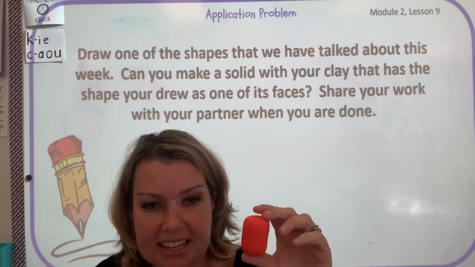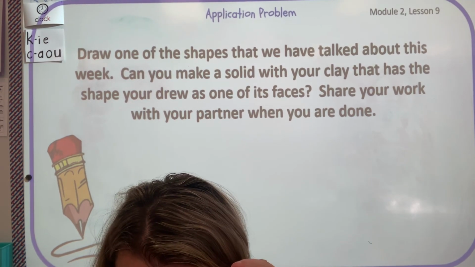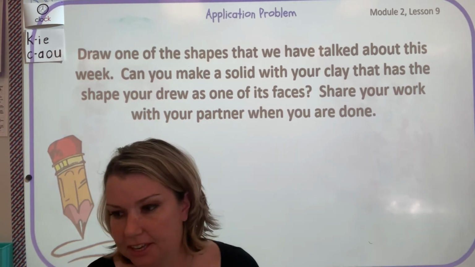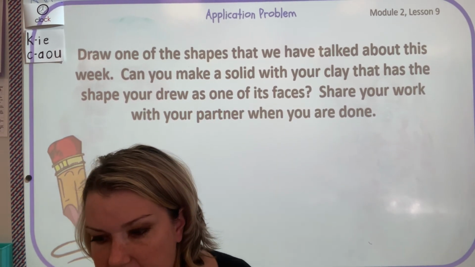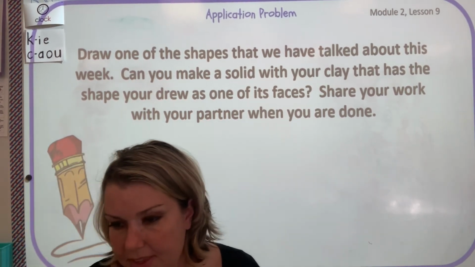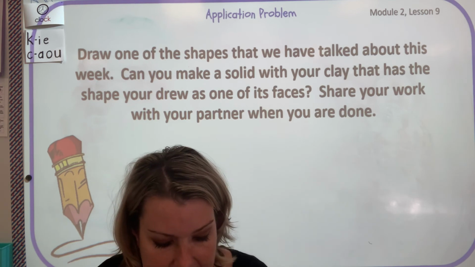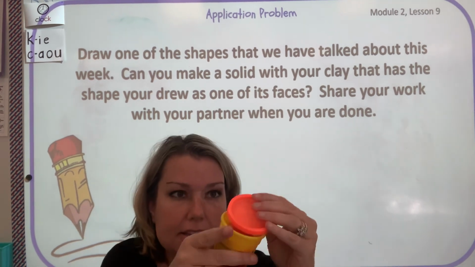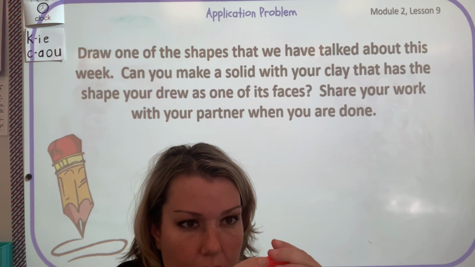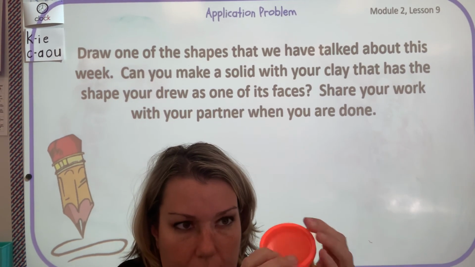That's what I did. I did a cylinder too with my 2 faces. Good job, friends. Very good. Okay, you may put your clay away back in its container. If it has a lid, remember, press it down on all the sides of the lid.